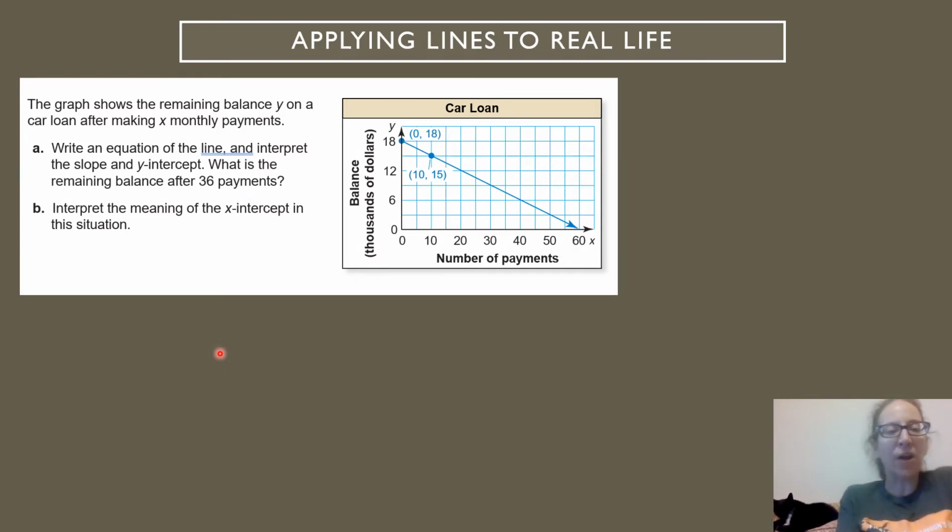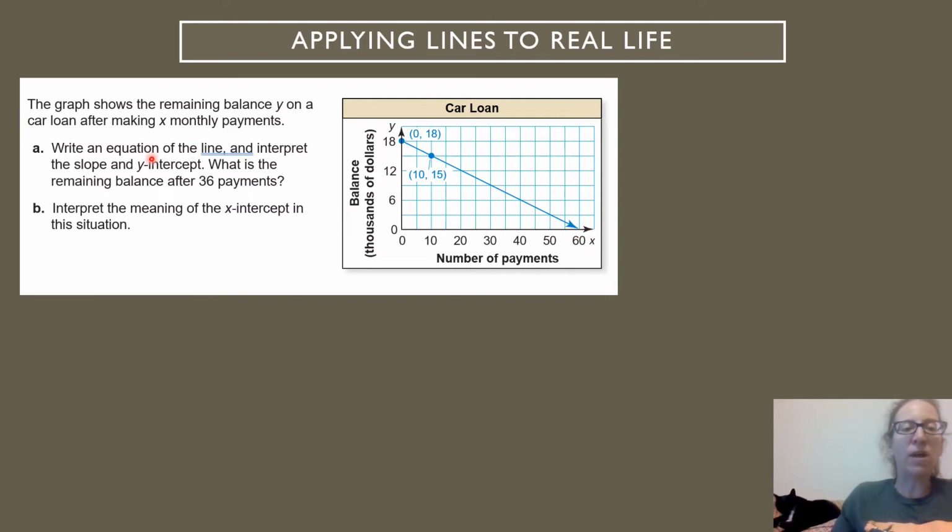The graph shows the remaining balance y on a car loan after making x monthly payments. We have balance on the y-axis, in thousands of dollars, and on the x-axis, the number of payments.